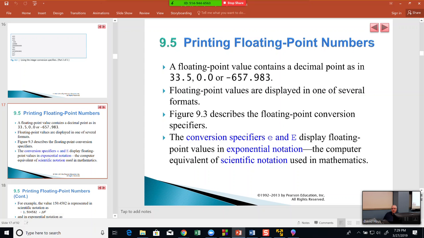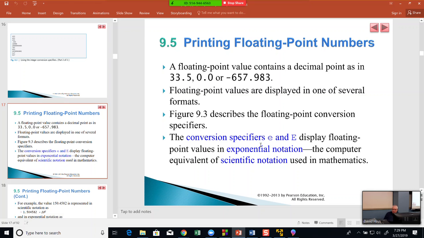This is floating point numbers. Of course, we've talked about that, where you've got decimals and so forth. Conversion specifiers e and big E are floating point values in exponential notation, scientific notation.